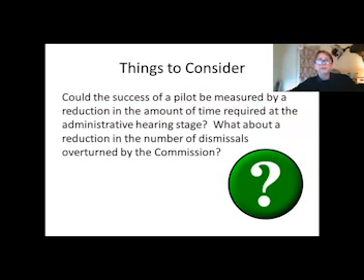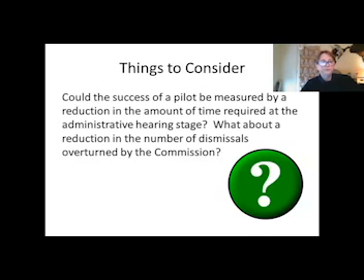Some things to consider when working on your objectively measurable goals and the metrics you're going to use. Think about, could the success of a pilot be measured by a reduction in the amount of time required at the administrative hearing stage, or what about a reduction in the number of claims dismissals overturned by the commission? That may be something that you're considering.